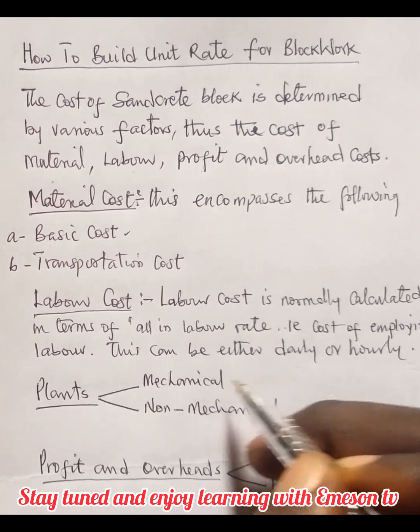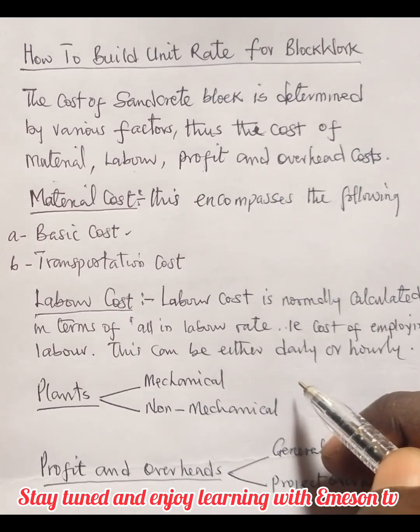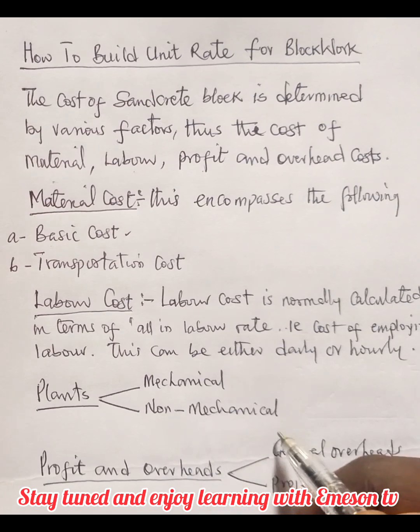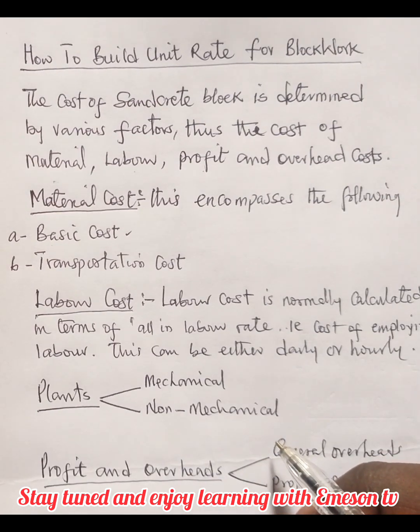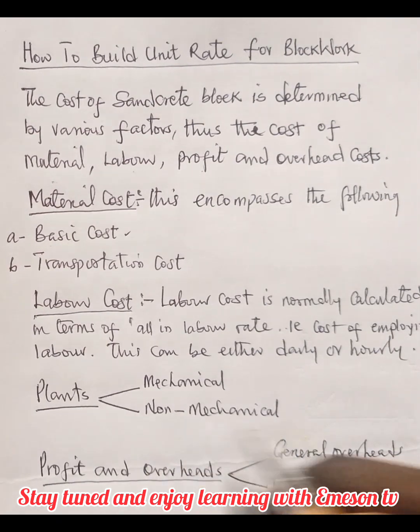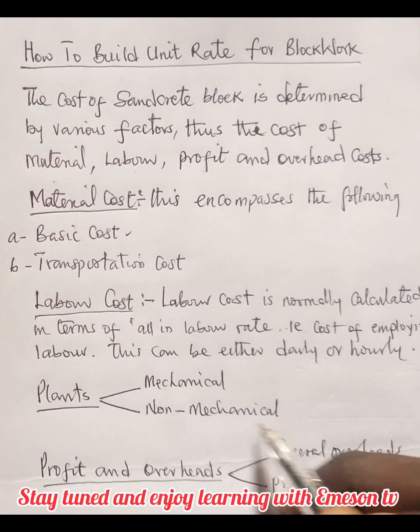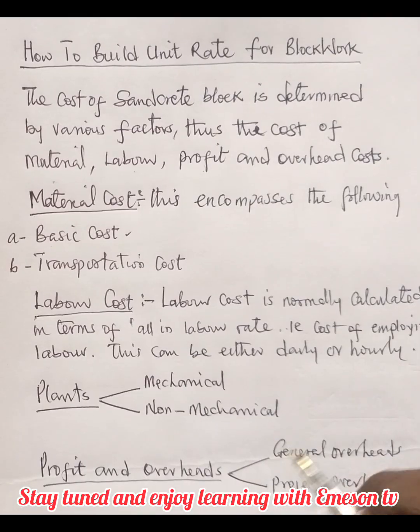We'll consider the cost of machine hourly on site. What is the cost of using this machine per hour on site? It has to be considered. If it's non-mechanical, like use of shovel, trowel and so on, this has to be lump sum. It will be built in a different section of the contract. Non-mechanical plants have to be lump sum.